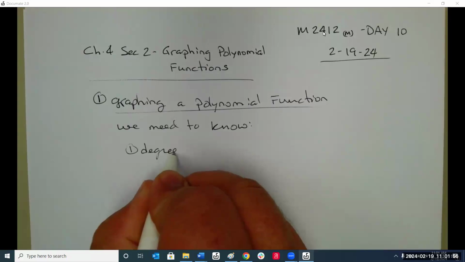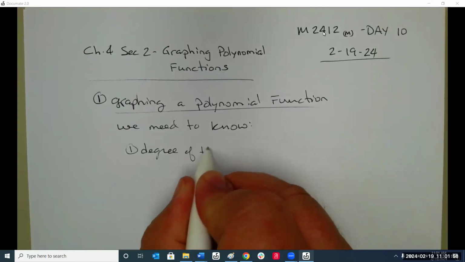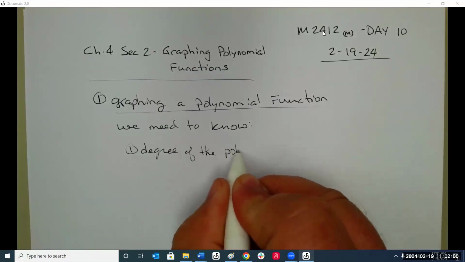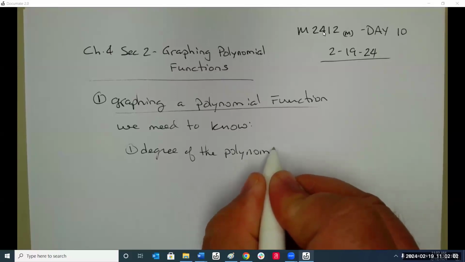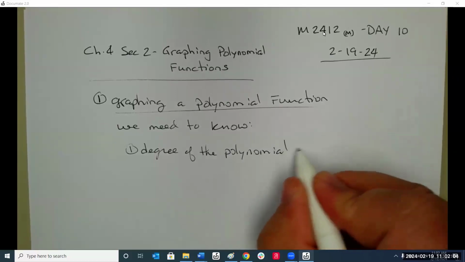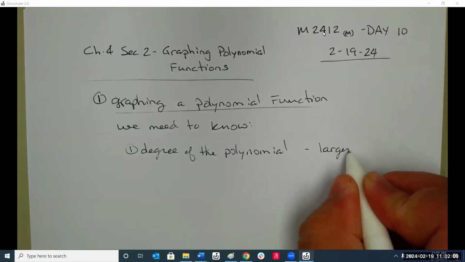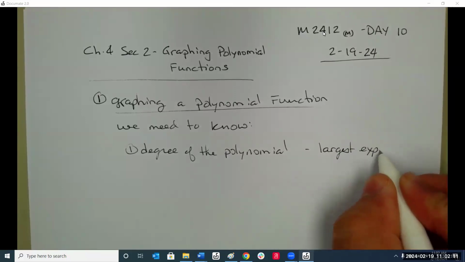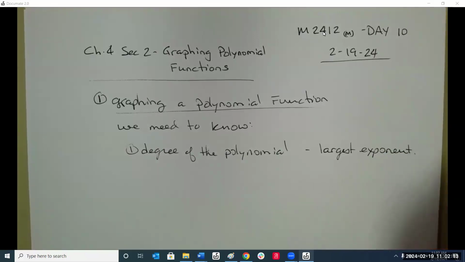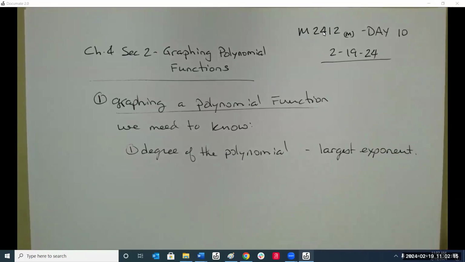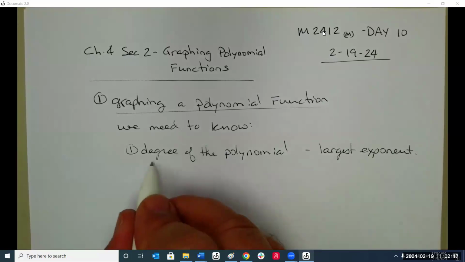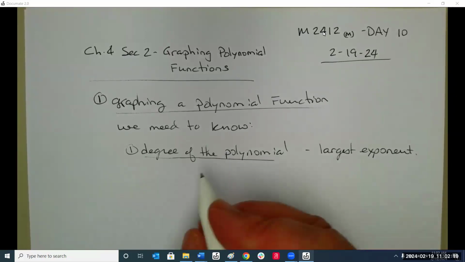The degree of the polynomial. The degree is the largest exponent. The degree of the polynomial is going to tell us a couple things.